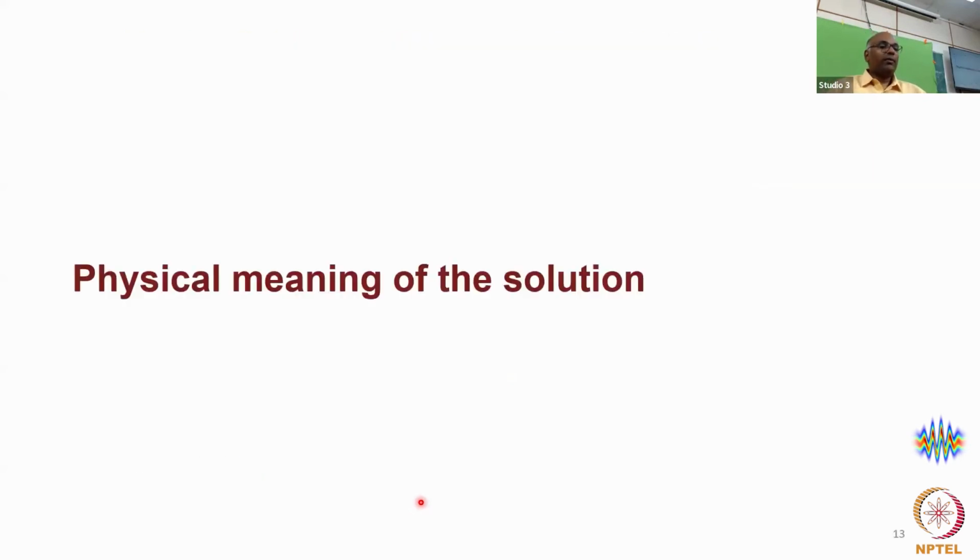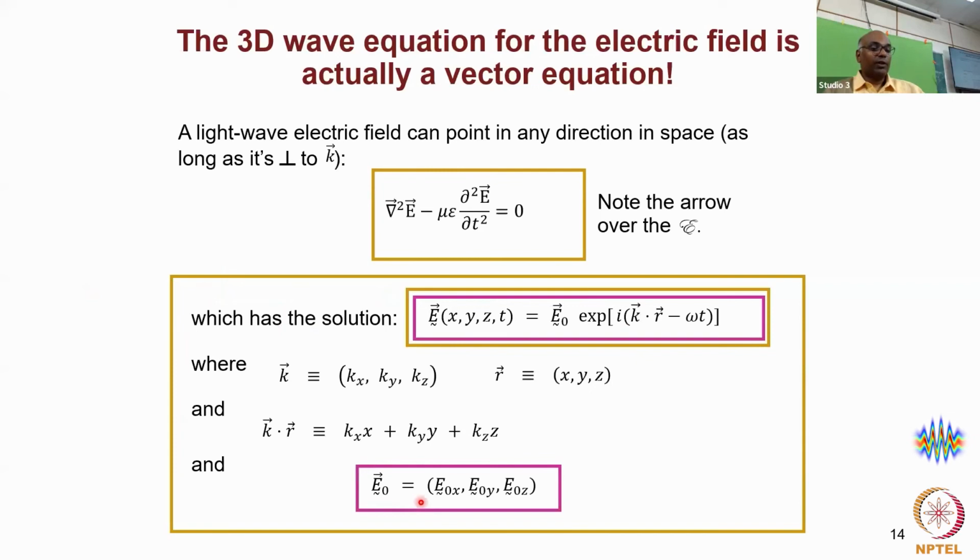Now, we dwelt a bit on the physical meaning of this form of the solution to the wave equation, which was E of x, y, z, t is E naught exponent of i k dot r minus omega t. The tildes underneath the E remind us that we are using the complex notation, although electric fields are real valued vector fields.